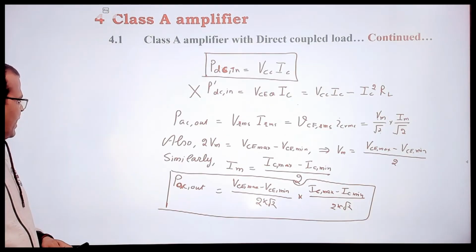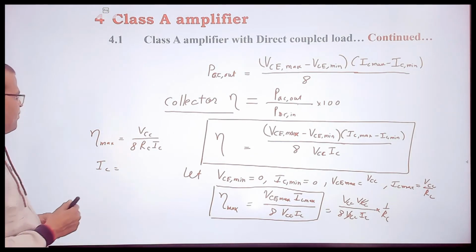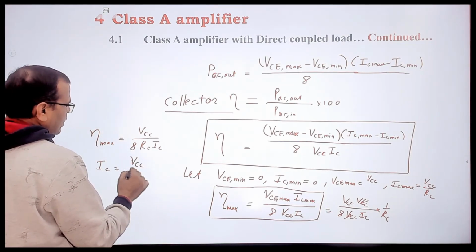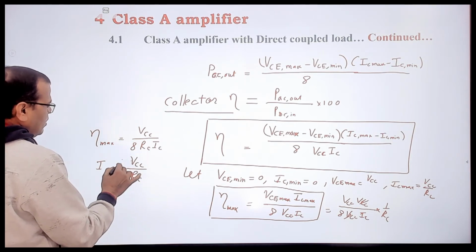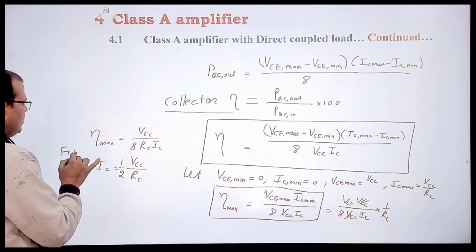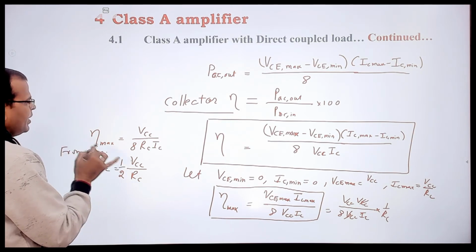So I can write here IC is equal to VCC upon RC by 2. Why? From the diagram, that is from the characteristic, right?